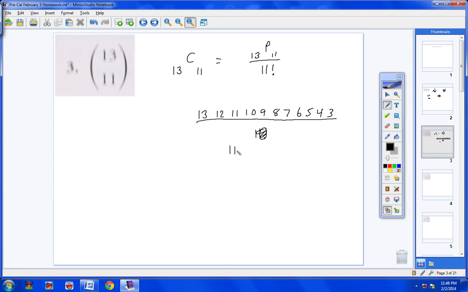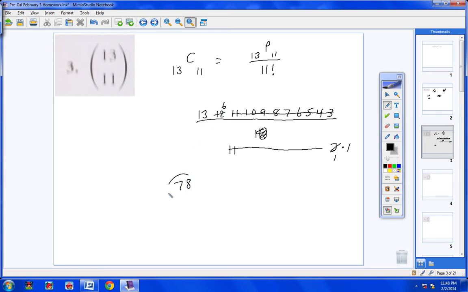So 11, 10, 9, 8, 7, 6, 5, 4, 3 cancels out with 11, 10, 9, 8, 7, 6, 5, 4, 3, leaving you with 2 times 1. And then of course, your 2 cancels into 12 6 times, and 13 times 6 is 78.